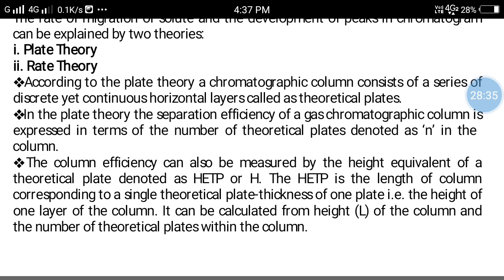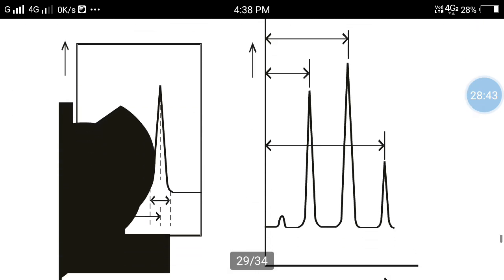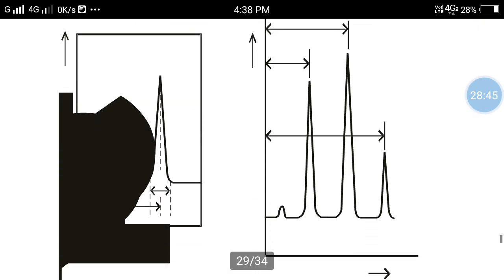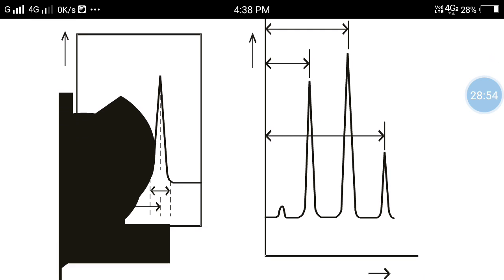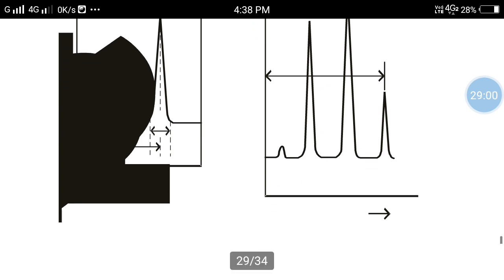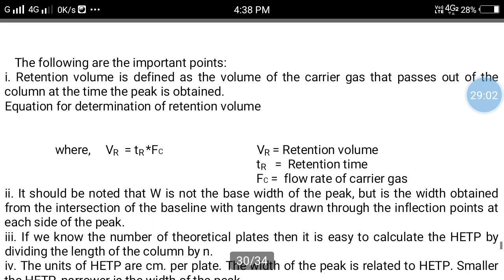It can be calculated from the length, capital L, of the column and the number of theoretical plates within the column. Here the figure shows in the first figure a single peak and in the second figure there are three peaks. This is the chromatogram. In the first figure we have shown only one component, and in the second figure there are three components because three peaks are there.